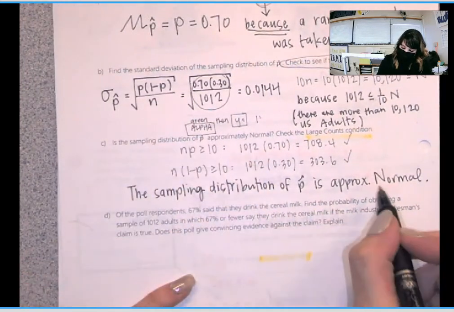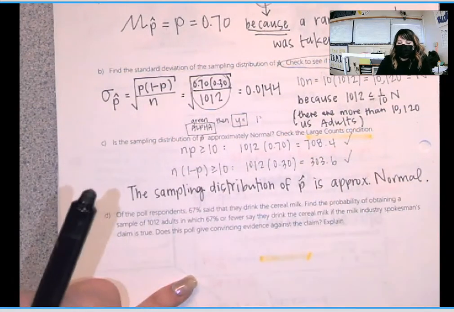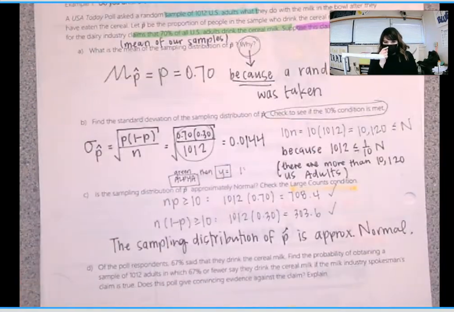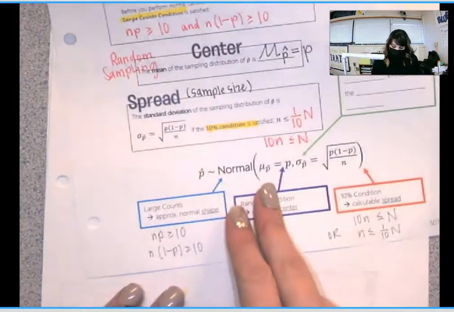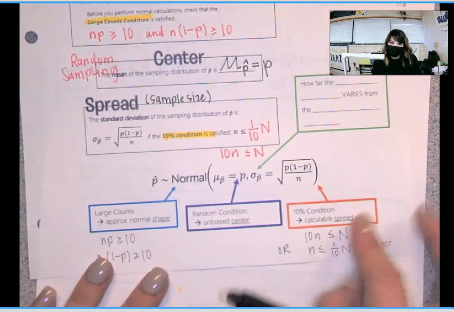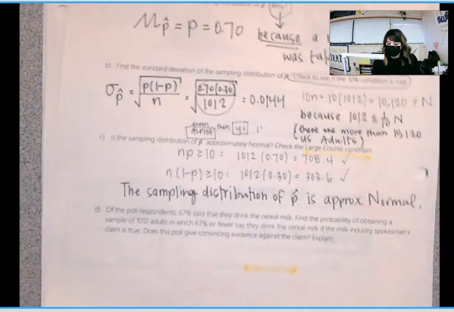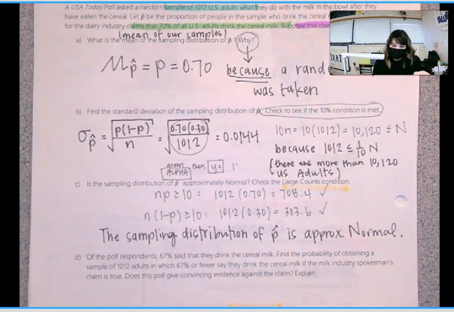You could say the sampling distribution of p hat is approximately normal because, and then write this out. So we have just verified every single thing about our normal curve. Okay, well, I told you that this is why this is important. This problem shows why this is a pretty cool thing about sampling distributions, but all we've done is check conditions.